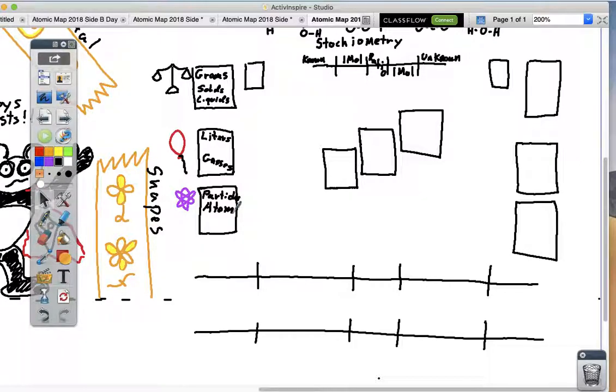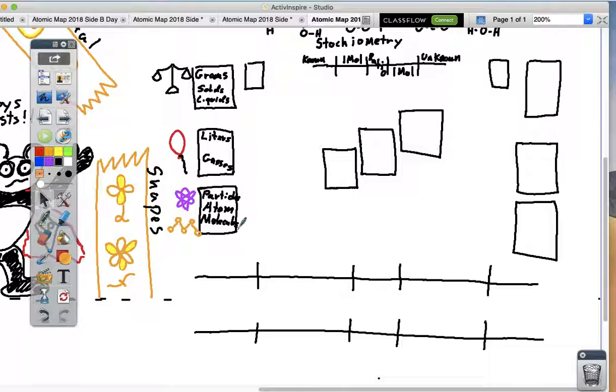Or the other one we use sometimes is molecules. Okay? So we could have particles in the form of atoms or molecules.